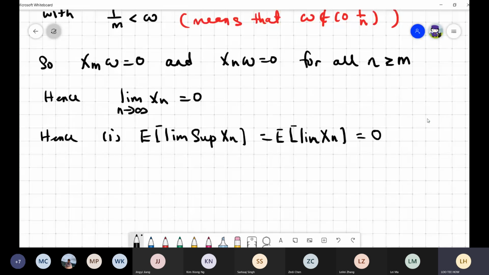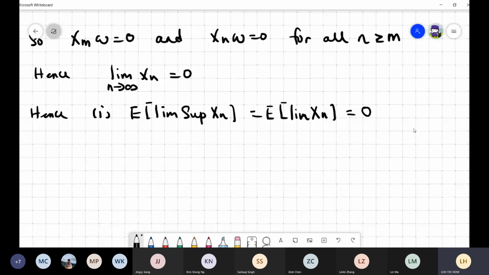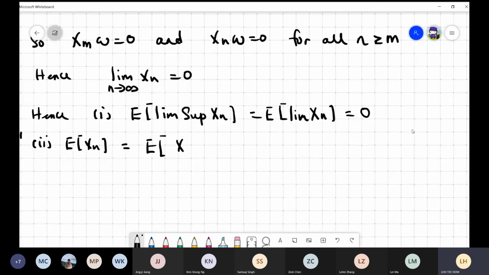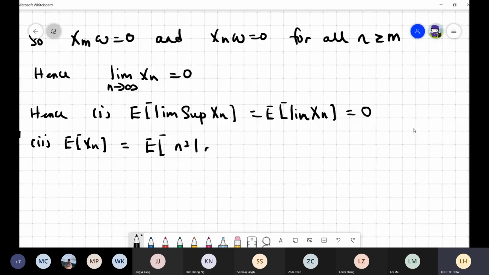For part 2, we wish to compute the limit supremum of E of Xn. According to the definition, E of Xn will be n squared times the value, which is 0 outside, and then P of this interval 0 to 1 over n.